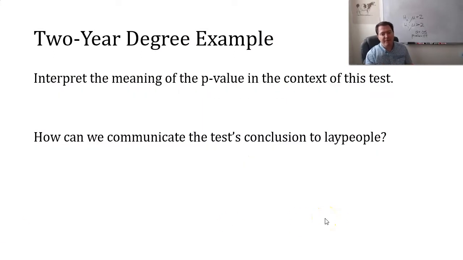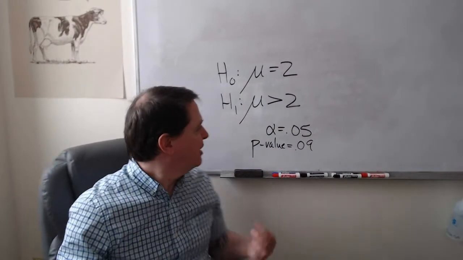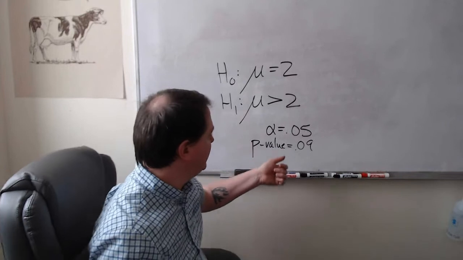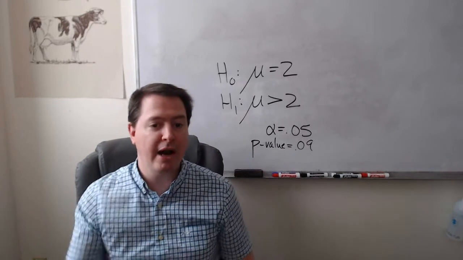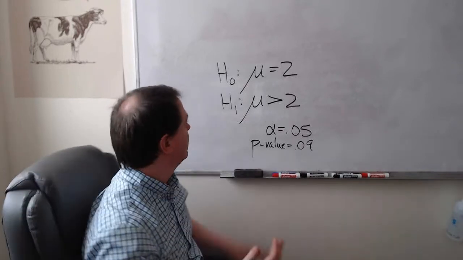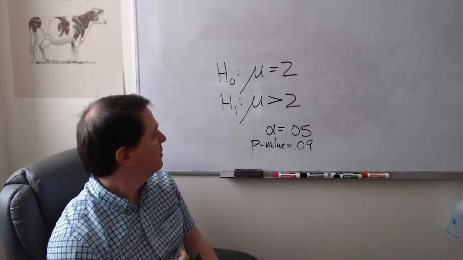So what does that p-value actually mean? All right? So that p-value of 0.09 is the probability that we'd get a sample mean of 2.2 or higher when we assume that the mean is really 2. Okay?